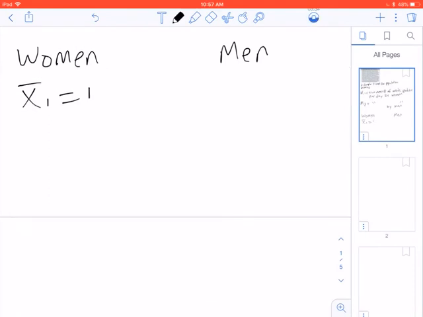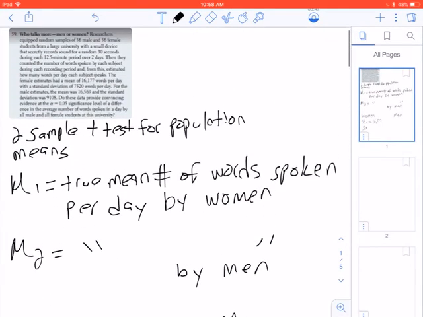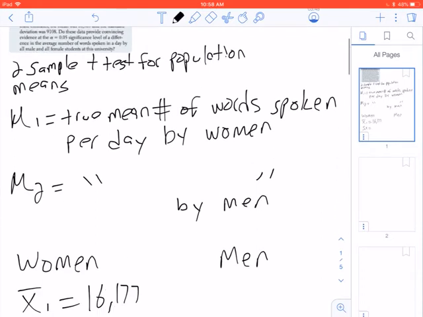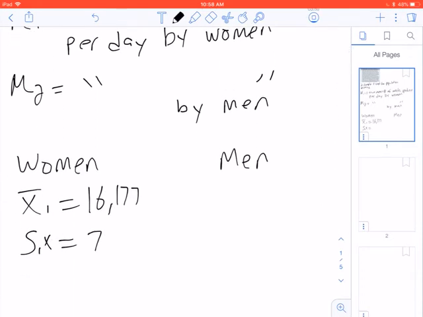That was their average per day, 16,177. And their sample standard deviation was 7,520. And the number of people in their sample was 56.